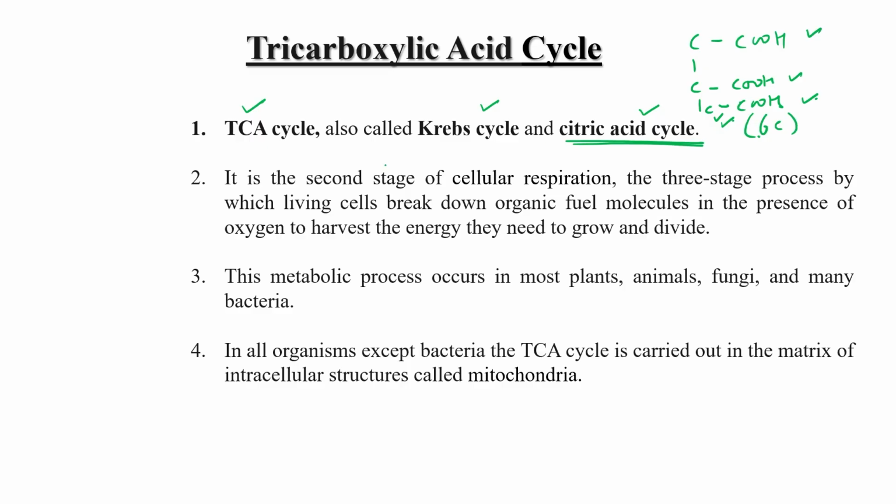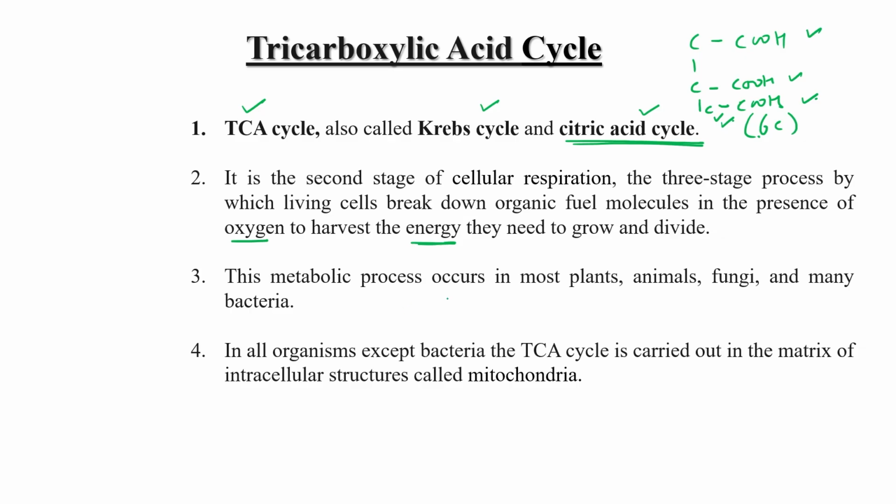Okay, and it is the second stage of cellular respiration. First stage glycolysis, second stage TCA cycle. The 3 stages are the process by which living cells break down organic fuel molecules in the presence of oxygen to harvest energy needed to grow and divide.